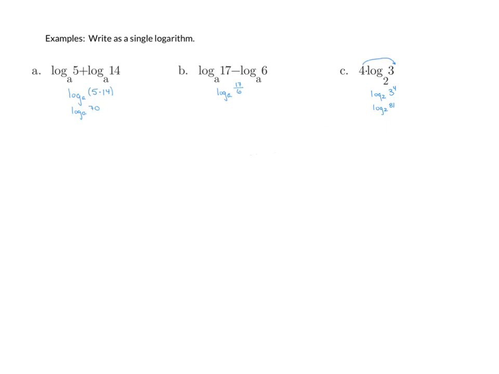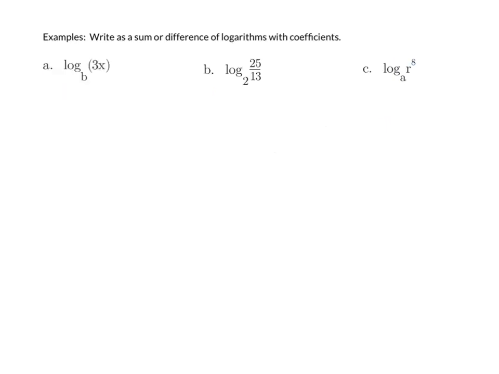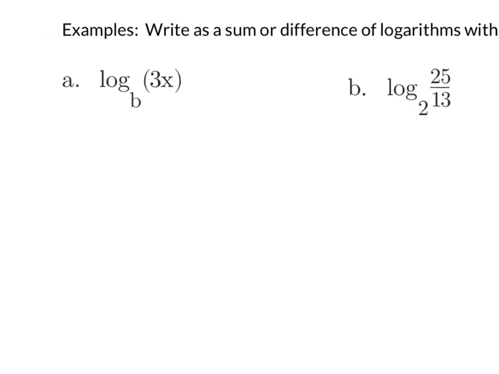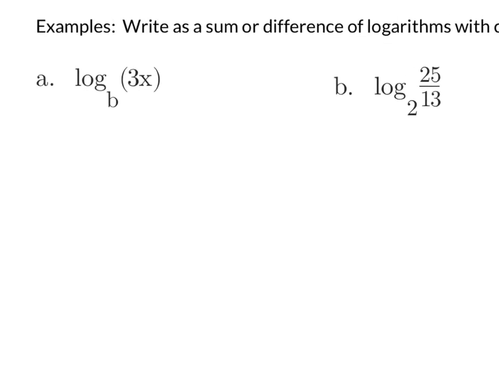Let's go the other direction now. So in this set of examples, we want to write as a sum or difference of logarithms with coefficients. So example A, we have log base b of 3 times x.